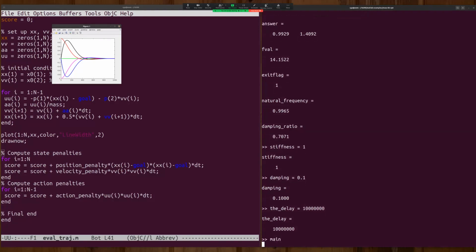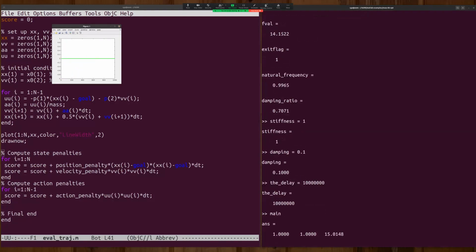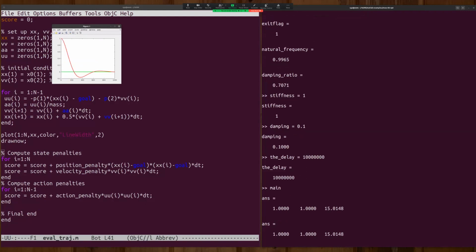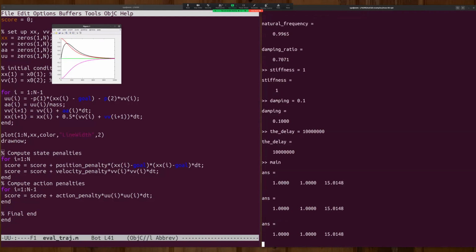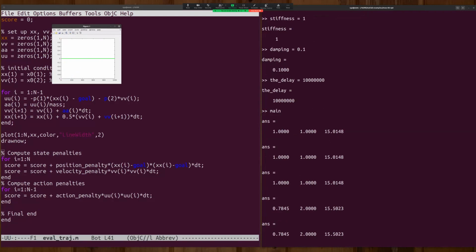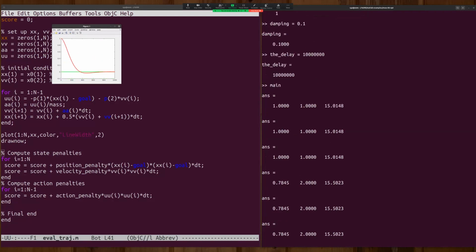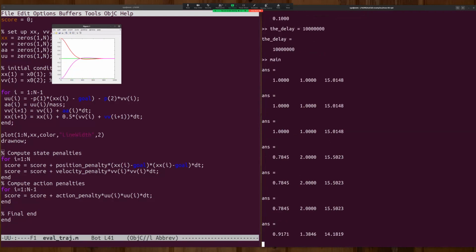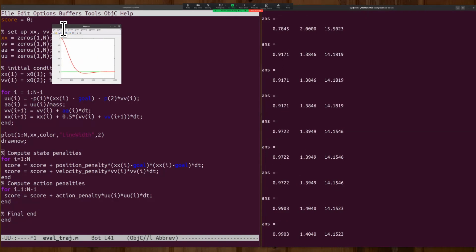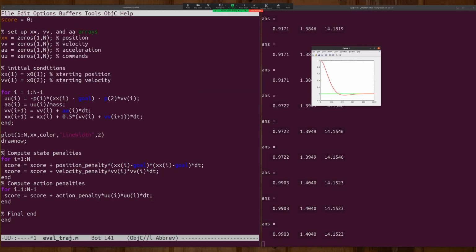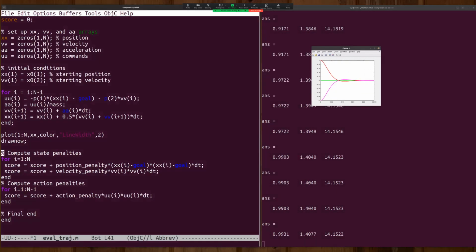And here we go. Okay, so that very quick, okay, that didn't pay any attention to what I told it. All right, so we're going to have to figure out how to screw with this thing.